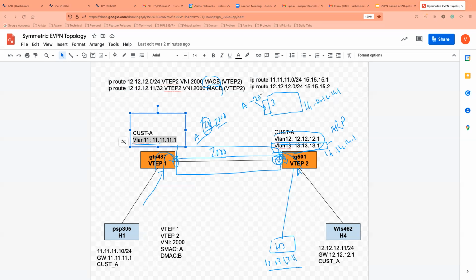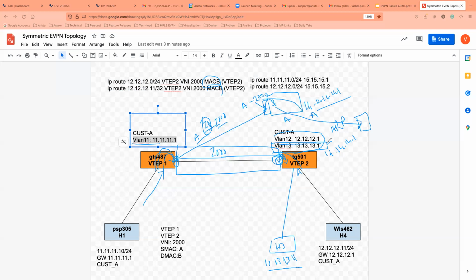So what will happen is from here it will route the packet into VLAN 14, send it into this VRF, and then it will be routed again and sent out to the host in VLAN 14. Obviously all this should be in VRF A; this VLAN 14 also should be under VRF A.